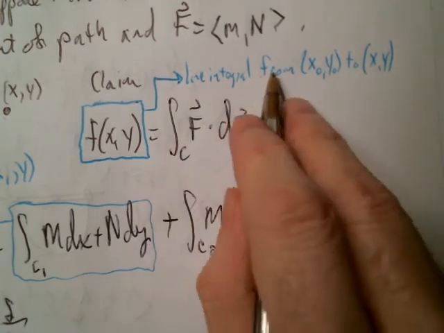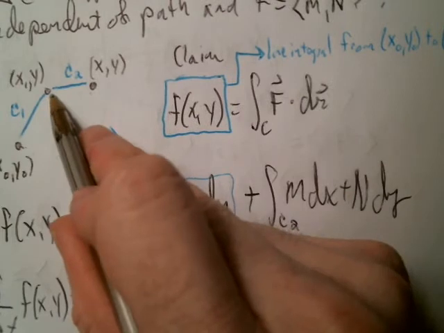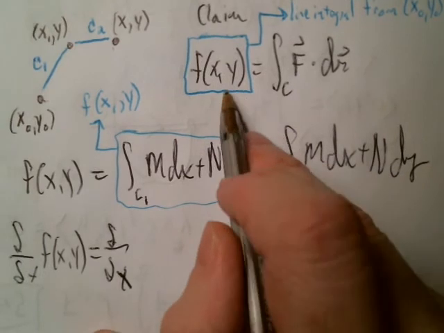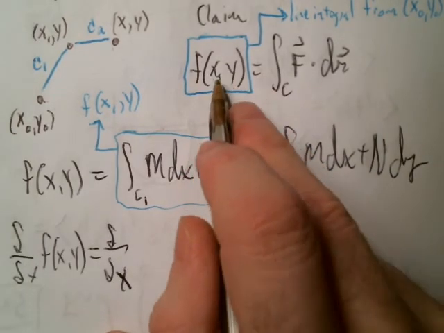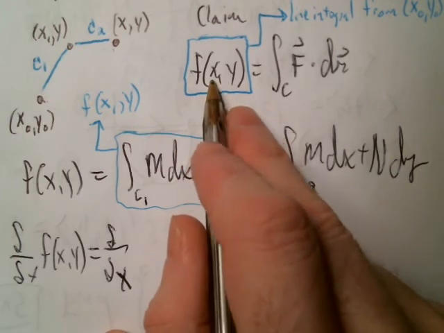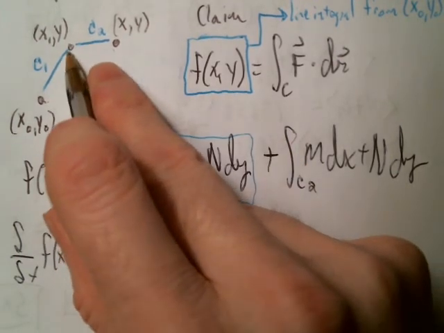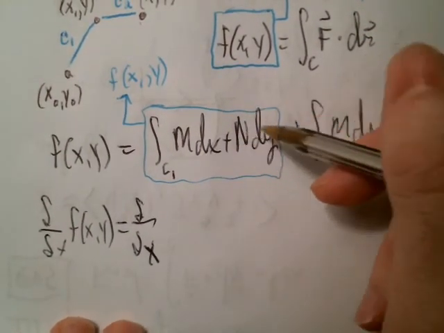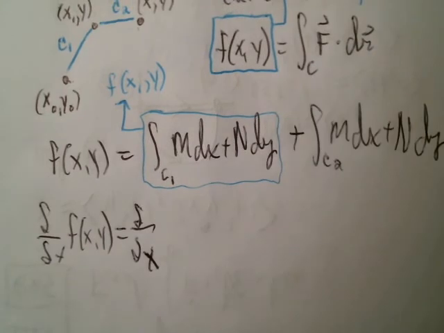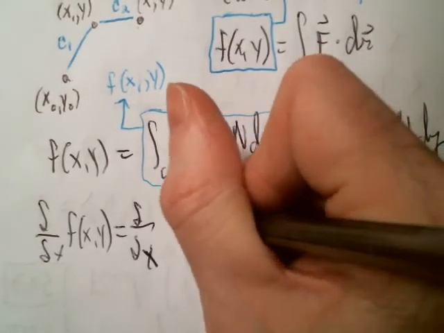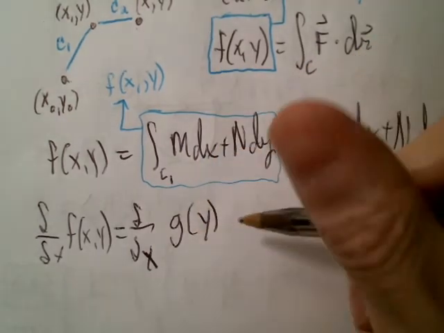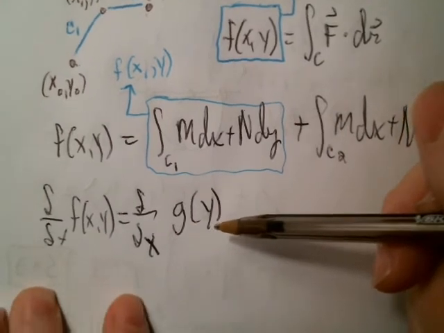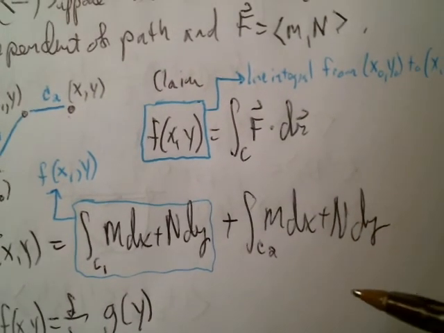To figure out the line integral from x0, y0 to this point here, what you're doing is plugging in x1, y in for x, y. And when you do that, you're essentially getting rid of all the x's, replacing them with this constant x1. What that forces this thing to turn into is a function of just y alone. Whatever function of y it is doesn't really matter, because if you take the derivative with respect to x now, that thing will just turn into 0. Hopefully that's somewhat clear.